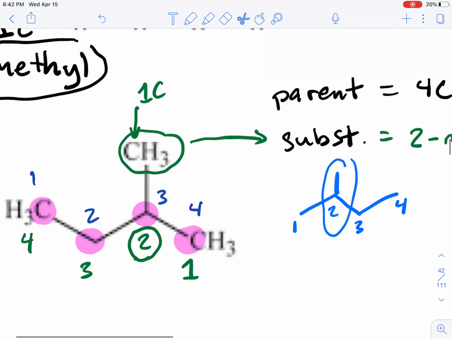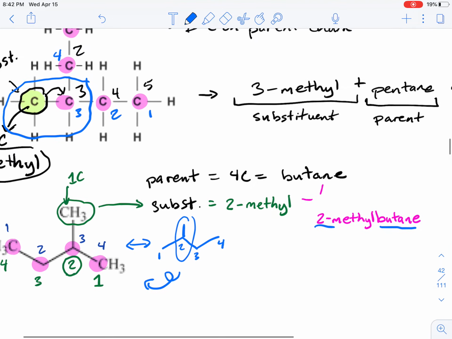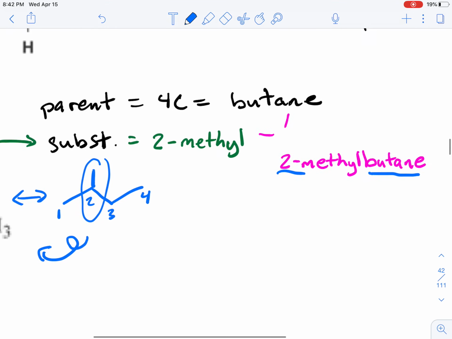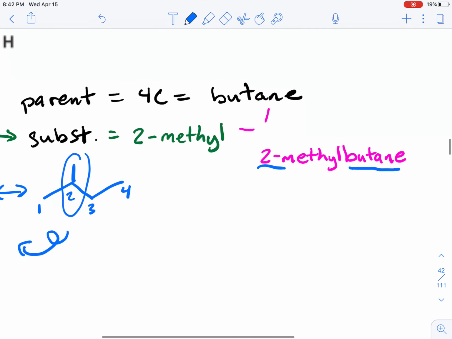Okay, and so notice that both of these structures are just flipped versions of each other. So if I were to flip this, it would look exactly like a structure that was given to me. And so it's still an equivalent structure. And that's something that you guys will find when you are going from the actual name to the compound.